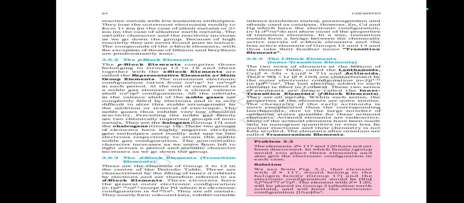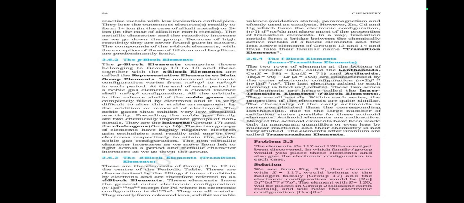Problem 3.3: The elements with Z equal to 117 and 120 have not yet been discovered. In which family or group would you place these elements, and also give the electronic configuration in each case.